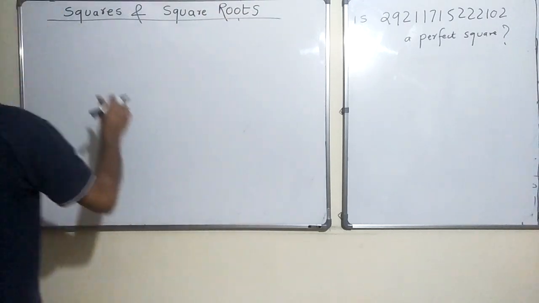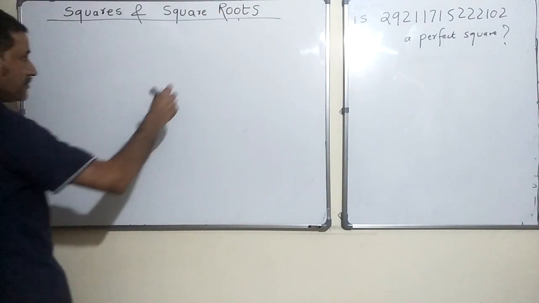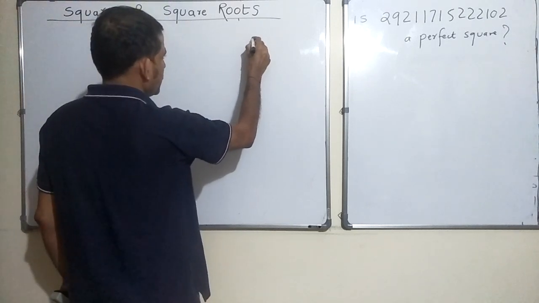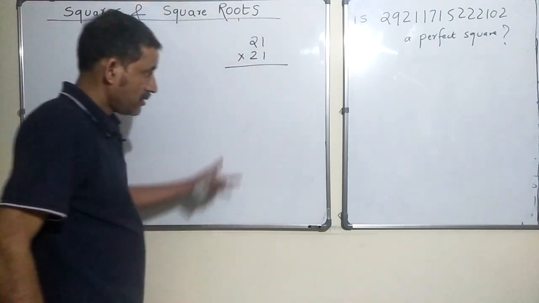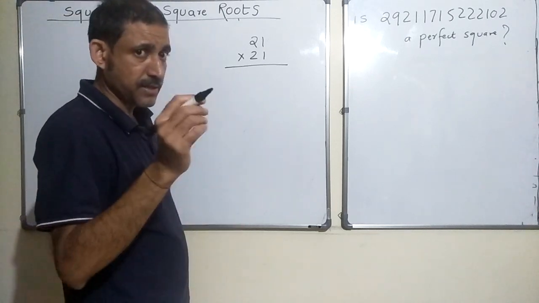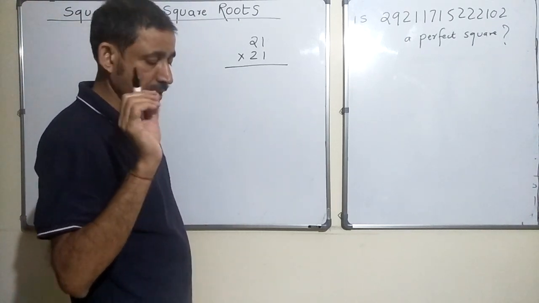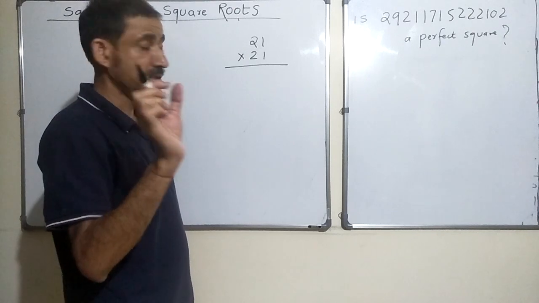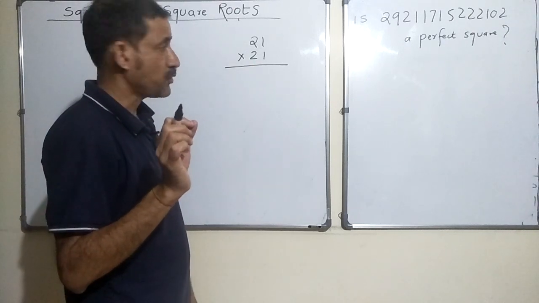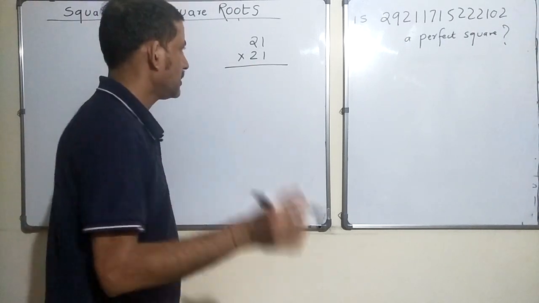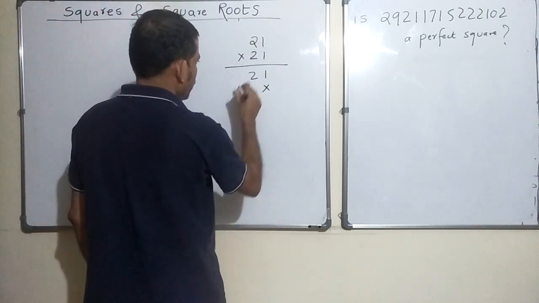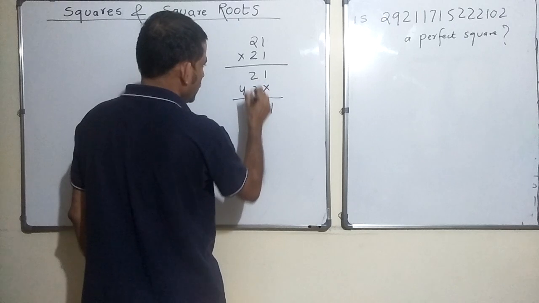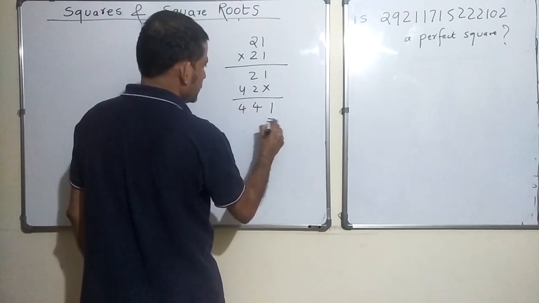All right. So tell me one thing. Let's take a couple of examples. 21 into 21. The question I want to ask is, what would be the last digit of the square of 21? Let's figure out. It is 21, 42, 441. Last digit is 1.